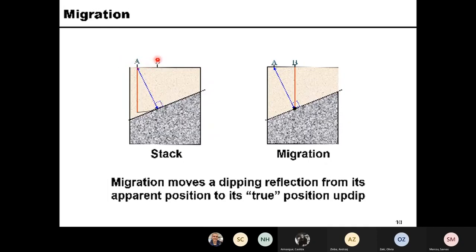New position is B, not A. And vertically, this also moves up. Okay, we were talking about the distance between A and B, and the time shift between this point and this point. All right, so this we call delta X, this we call delta T. These formulas are simply called the migration equations, right? It's very straightforward, simple, okay?